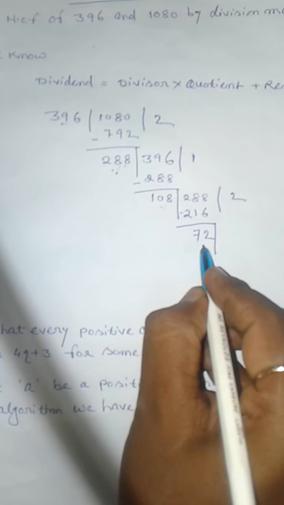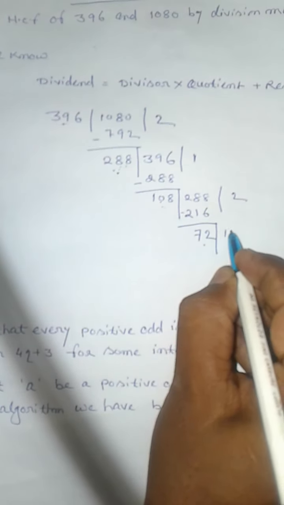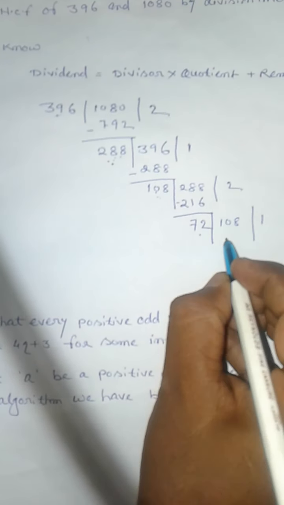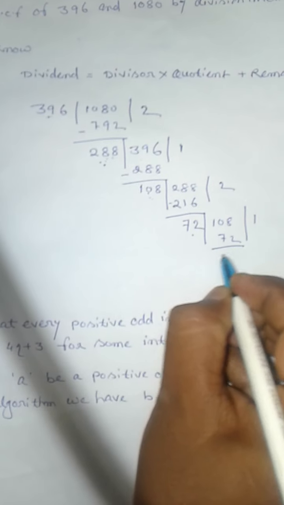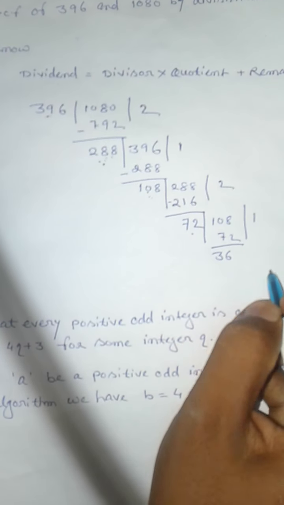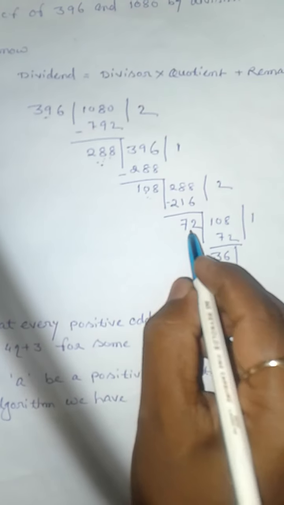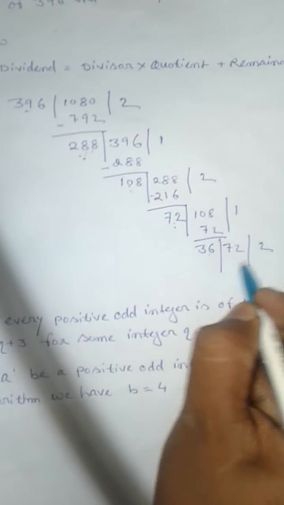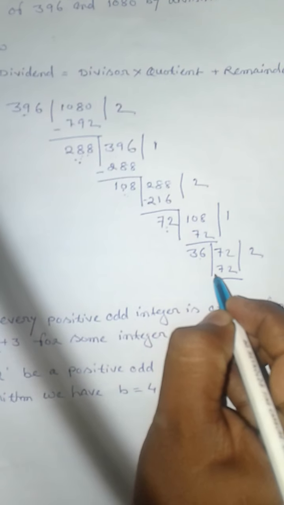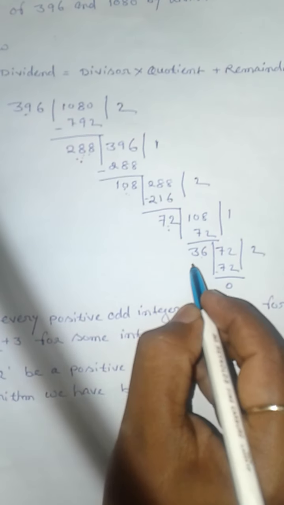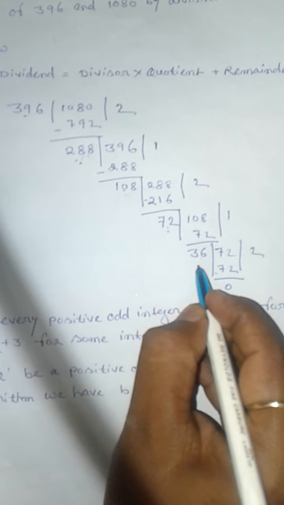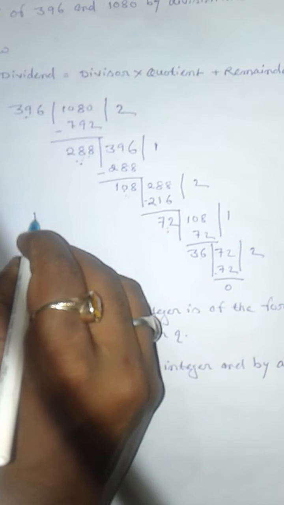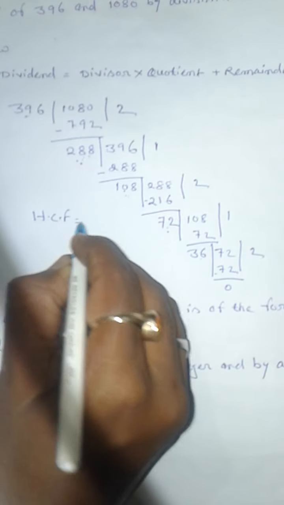Then by 72 we will divide 108. It will continue till our remainder is 0. It will go one time. This time our remainder is 36. Now by 36 we will divide 72, and here we can see that 36 times 2 is 72. So our remainder is 0. Here the division is over. We have divided by 36, so our HCF is 36.